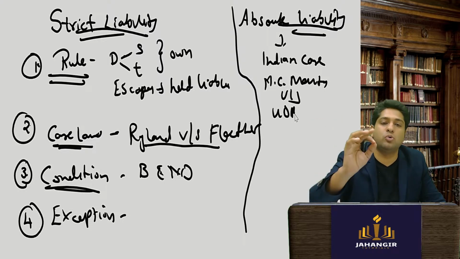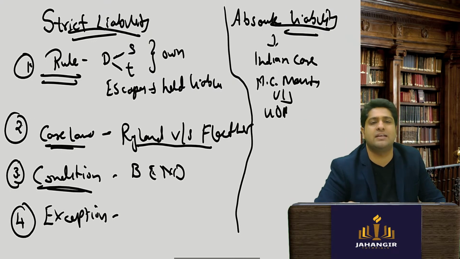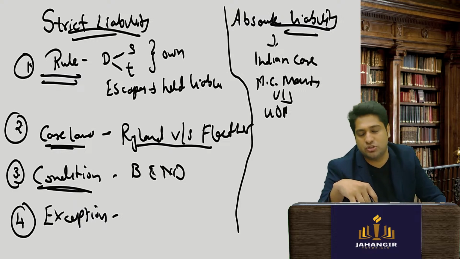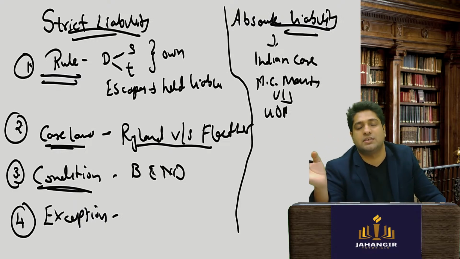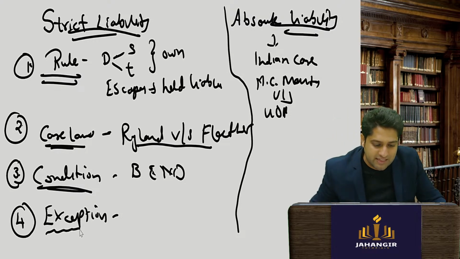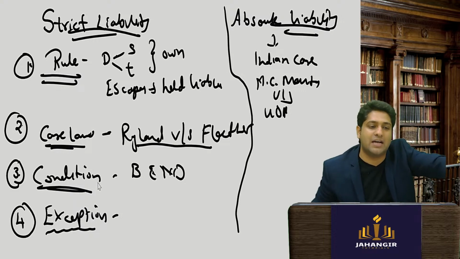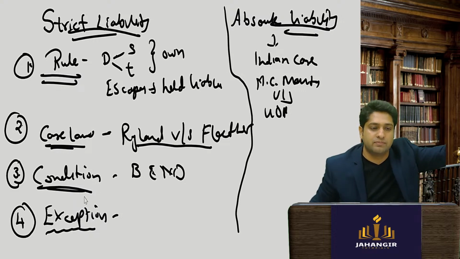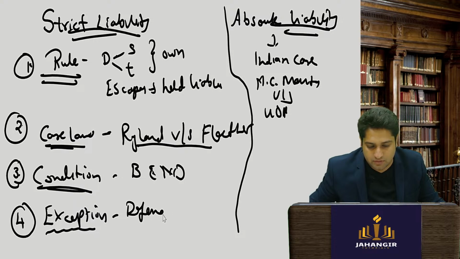The same rule, they said that listen, in India, anyone who gets a dangerous substance or thing gets it at his own risk. If it escapes, he is liable. But they say that every time we give them these exceptions, like act of God, these are nothing but defenses. So we said we will remove the exception.